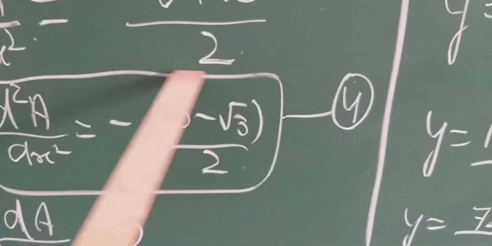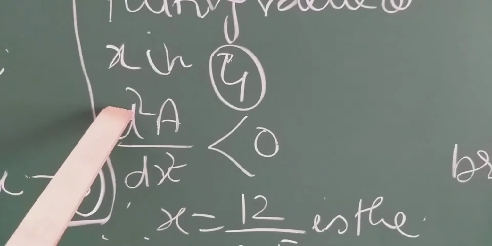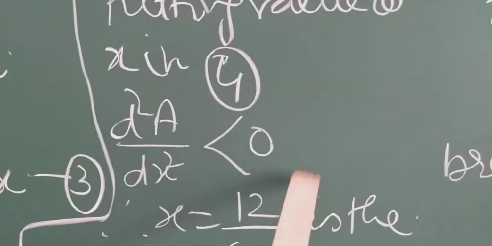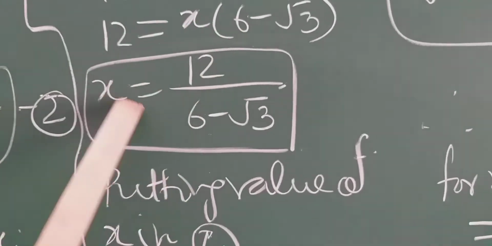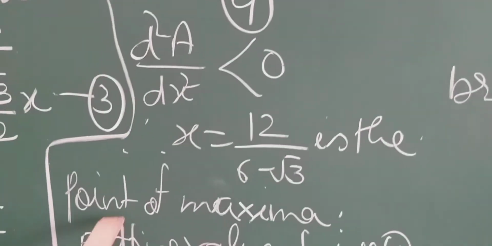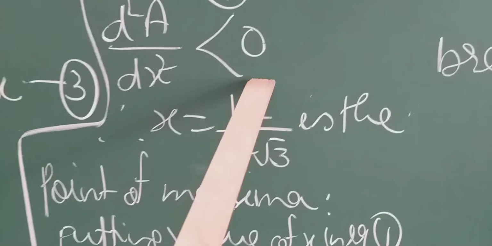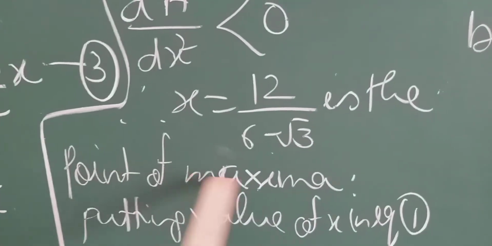It means for every value of x it is negative. That's why we have written here d square A upon dx square less than 0. So this point x is the point of maxima. So we have to mention here x equals 12 upon 6 minus root 3 is the point of maxima.